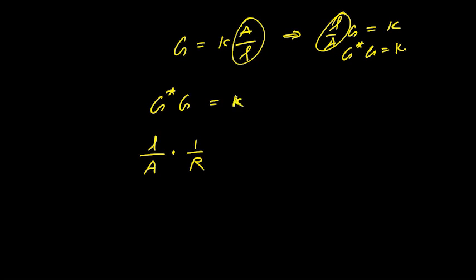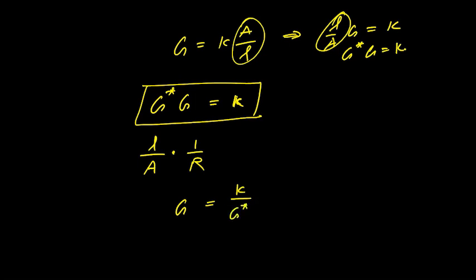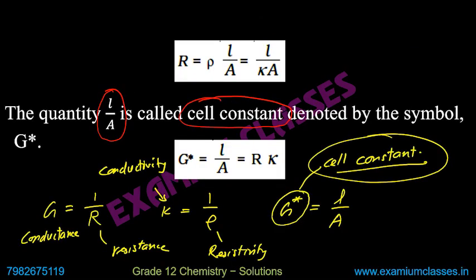This will be used quite a few times, so you need to remember. Either you write it like this or like this, whichever way you remember. Or you write it like this because R is 1 by G. Whether you write kappa by G or kappa R, it is the same thing.